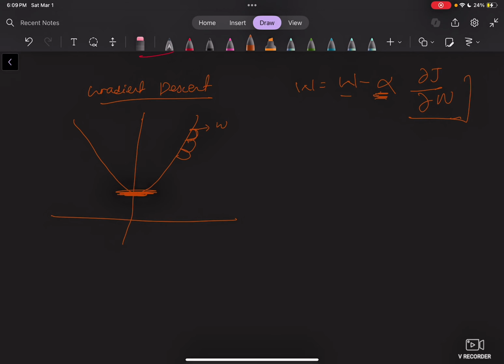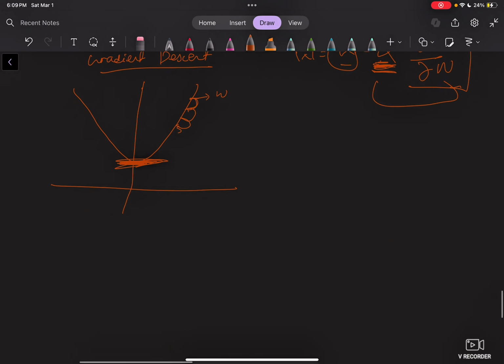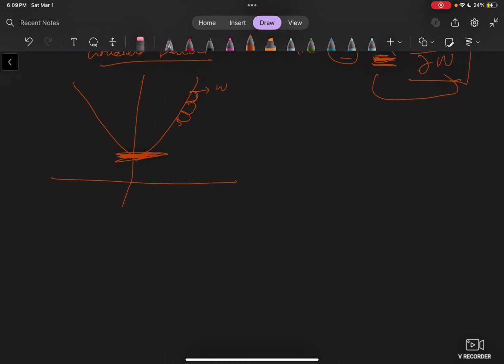So you keep on taking the derivative, and then you multiply it with the learning rate, and then you subtract this whole term from your last W in your quest to reach the minimum point. Okay, and again, we're subtracting because we're going downhill towards the lower loss. And for this, just think of it like you're skiing down a mountain towards your lowest valley, and gradient descent steers you in the right direction and keeps you moving downhill until you really reach the lowest loss.